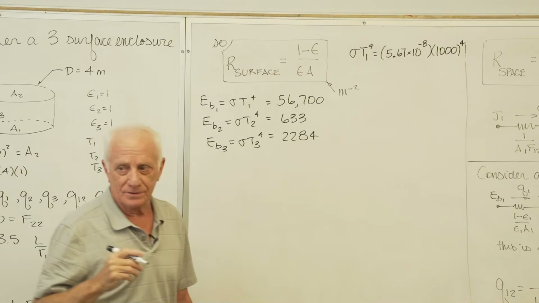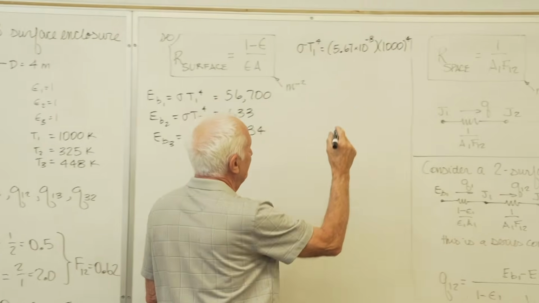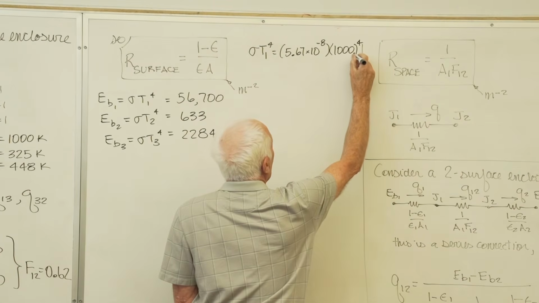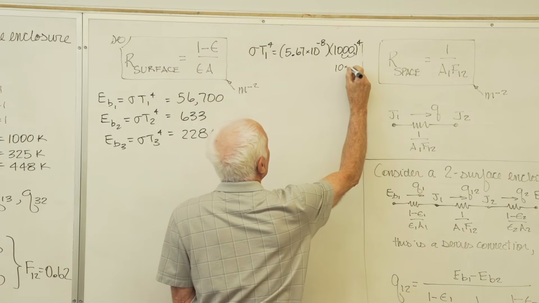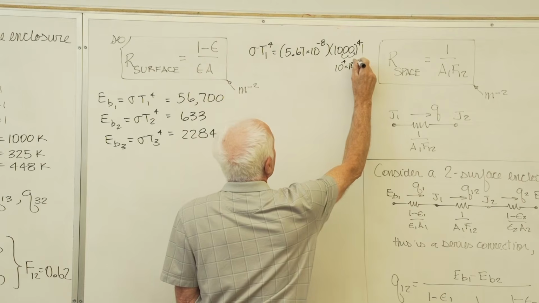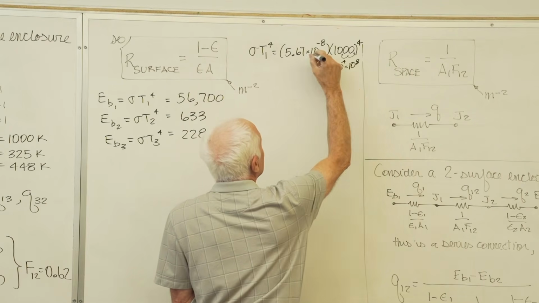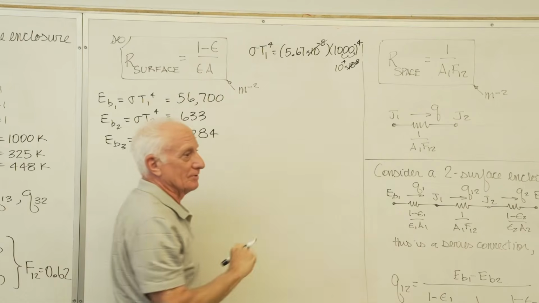So sometimes if you want to save some time, you're doing these calculations, all you do is move the decimal point over 1, 2. What's that? 10 times 10 to the 4th times 10 to the 8th. Oh, easy, cancel. 5.67 times 10,000.